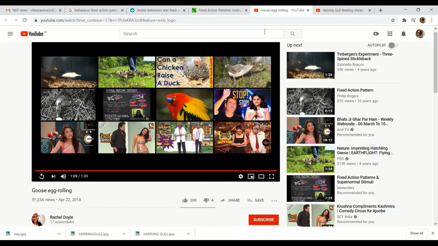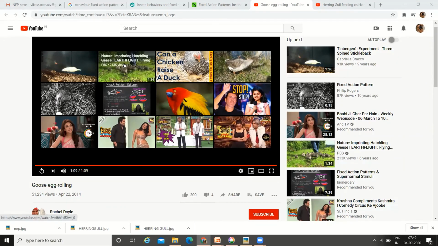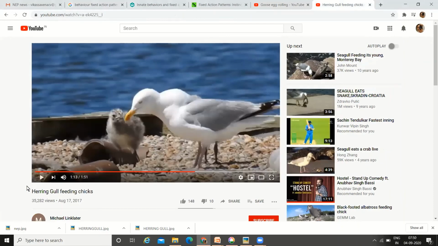Now another example is the herring gull. See in this example, you see the herring gull.